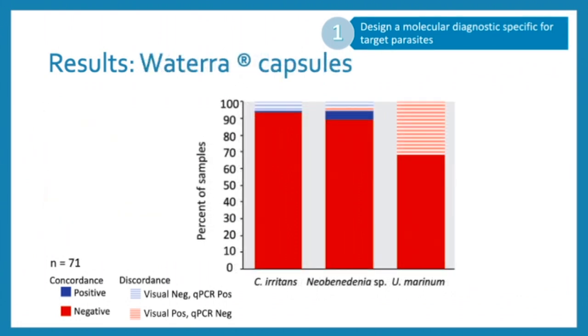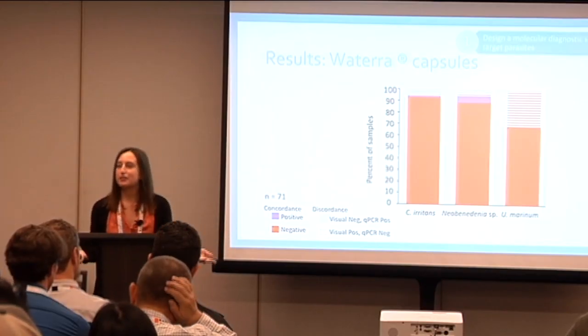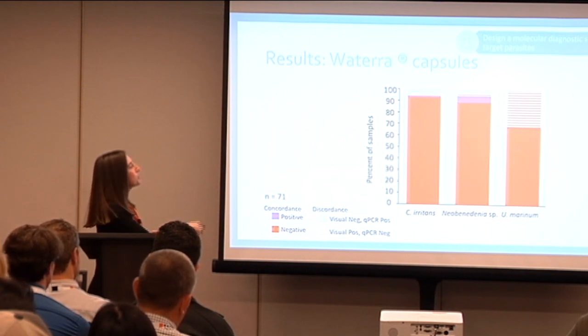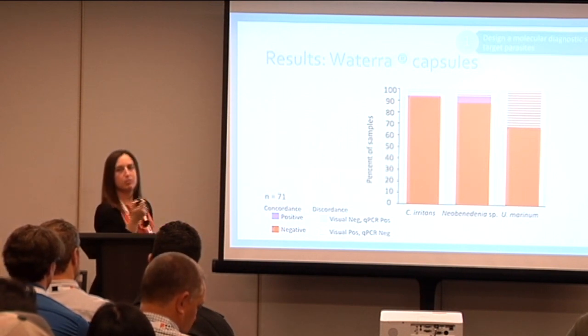When we move on to our actual clinical samples, same idea here, colors are consistent, three different targets. We had seven participating facilities, and most of them didn't have infections, which is great for them, bad for my study. So most of the concordance was negative visually and qPCR.